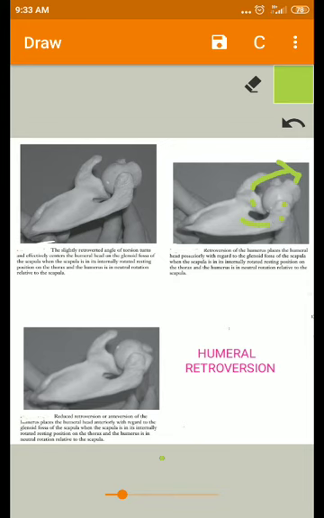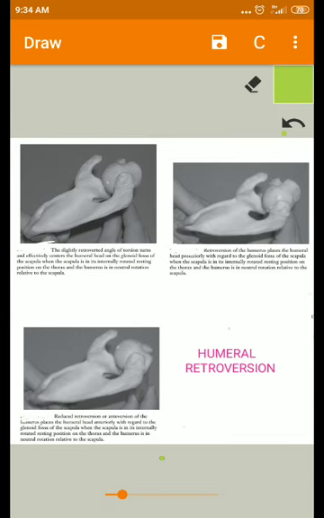Such an increase in lateral rotation and decrease in medial rotation at the glenohumeral joint can be dominantly seen in some athletes who are throwing a ball, that is, the dominant arm of throwing.